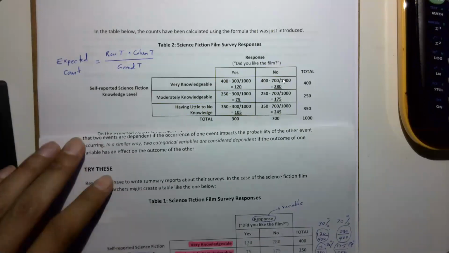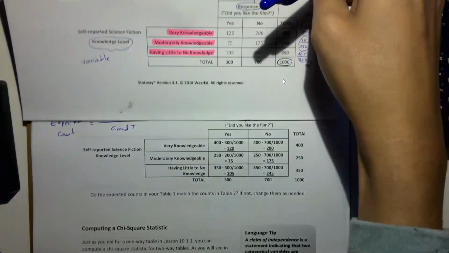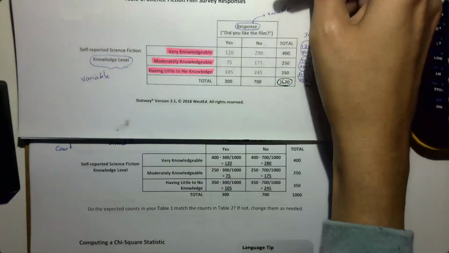This is our very first page that we started talking about chi-squared and the expected count.